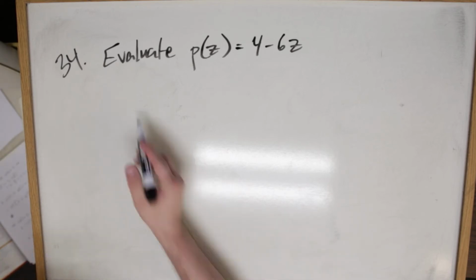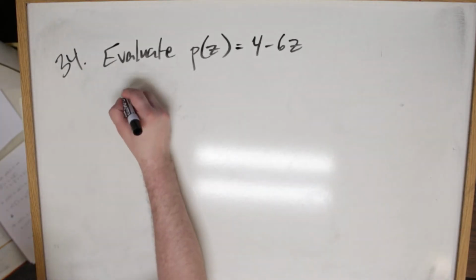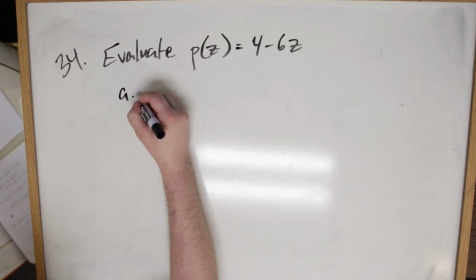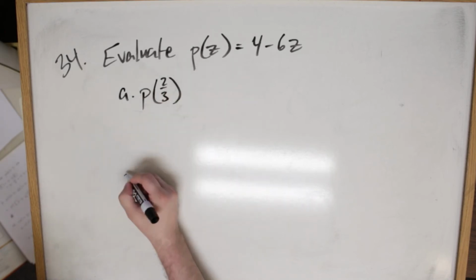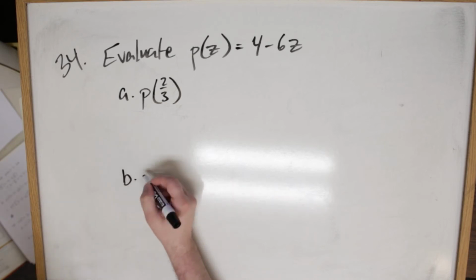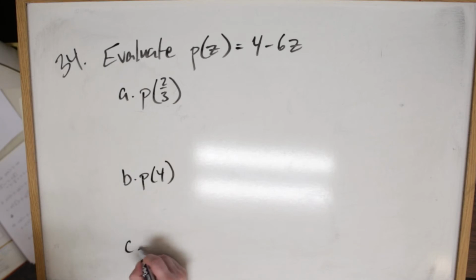All right, so now we're evaluating the function. There are 3 parts to this question. Part A is asking us to evaluate p of 2/3. Part B is saying p of 4. And part C, p of minus 5/6.